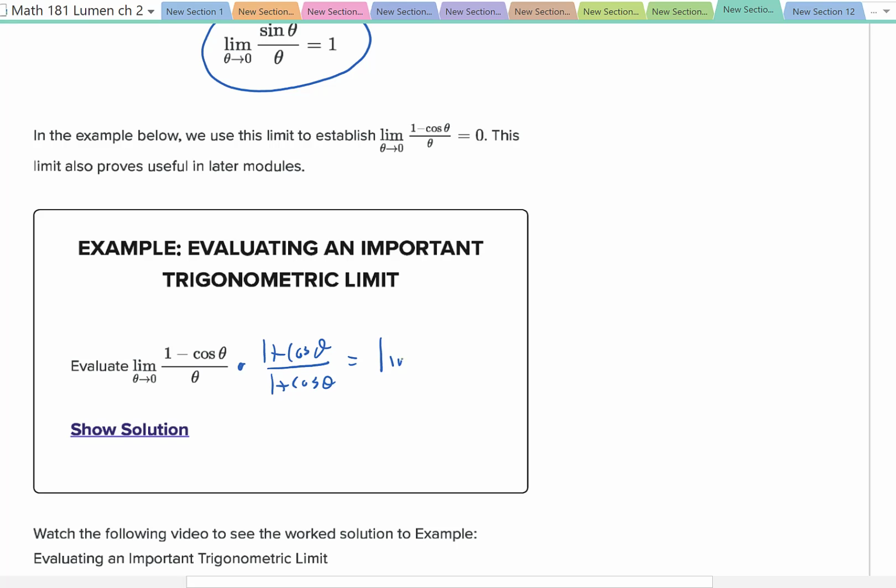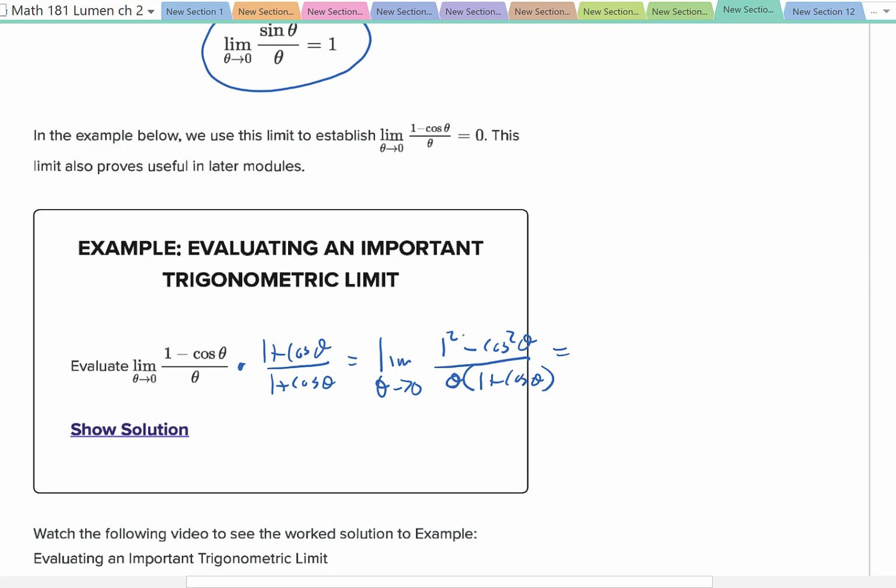That gives us the limit as theta approaches 0 of 1 squared minus cosine squared theta all over theta times 1 plus cosine of theta.